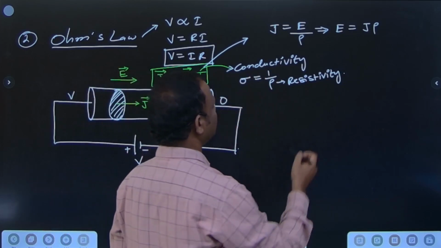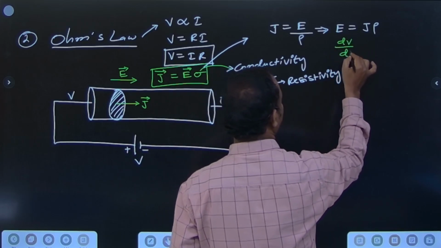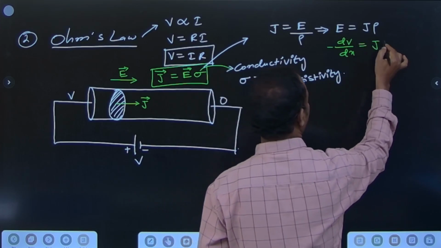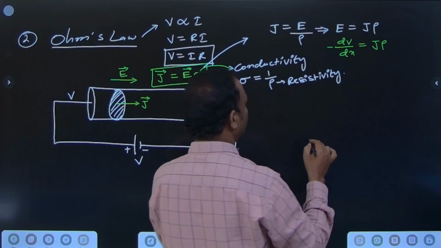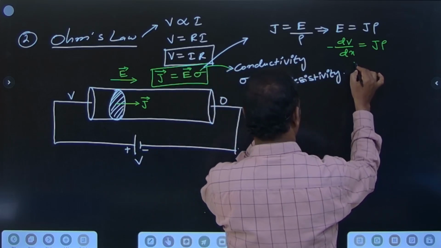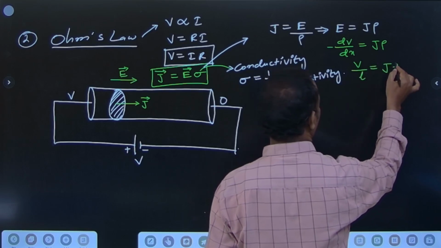Potential difference is what? Minus dV by dx is equal to J into rho. Its magnitude: dV means V by L is equal to J into rho.